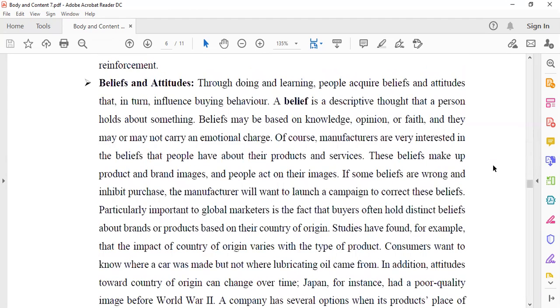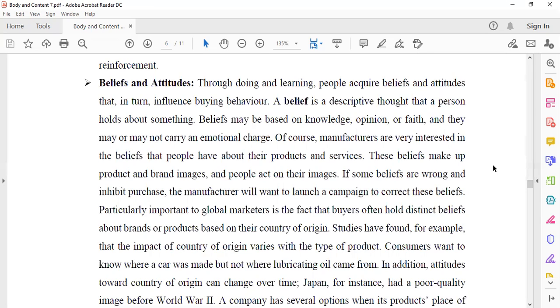Also we have beliefs and attitude. An individual's belief is the thoughts that the individual holds about something. These beliefs may be based on knowledge, may be based on opinion, may be based on faith, or may be emotional.